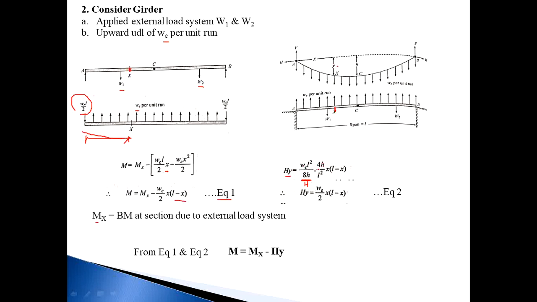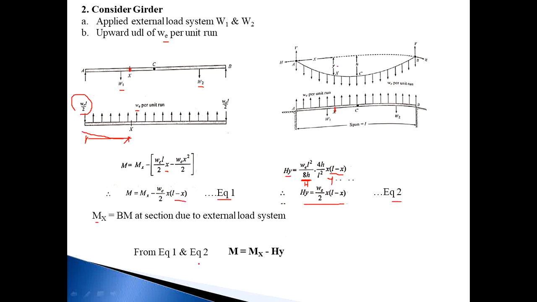This is a parabolic equation. Y is 4h divided by L square into x in bracket L minus x. So H into y. Simplifying this equation, we get Hy is equal to WE divided by 2 into x in bracket L minus x. This is the Hy equation, and this is denoted by equation number 2.